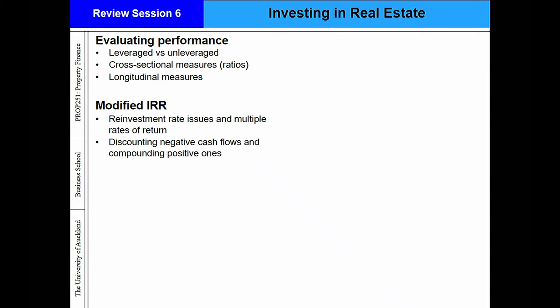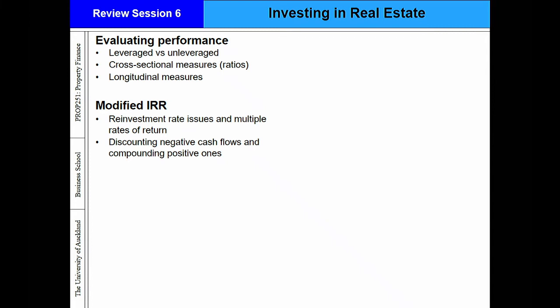So if you've calculated that your IRR for all of the cash flows was 20%, that means it's based on an assumption that all of the cash flows you received during the holding period were reinvested at that same rate of 20%. Whether that's a realistic assumption or not, you have to decide.